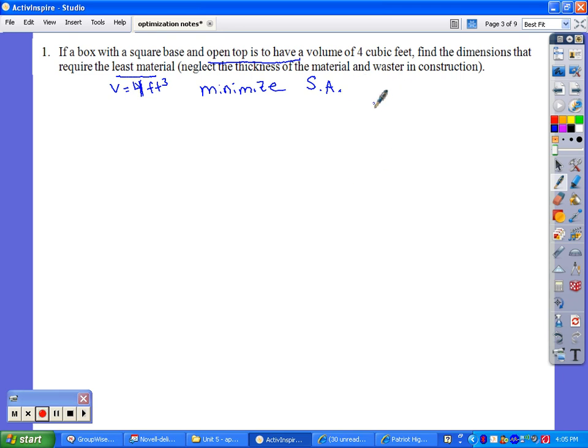So if we have a box, if we say x is equal to the base, or the length of the base, and y is equal to the height of the box.